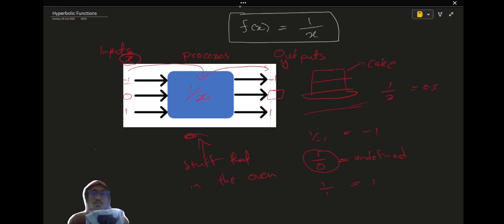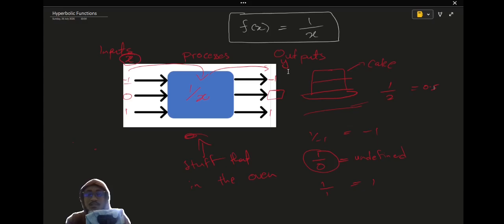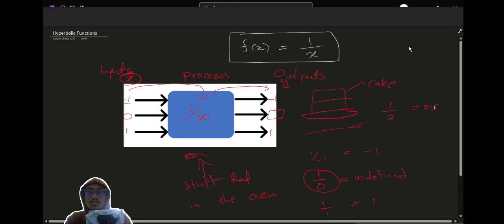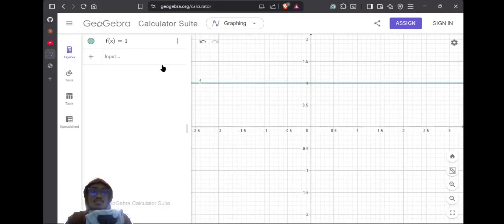All right, so to show you a diagram of this and what a 1 over x function, or a basic hyperbolic function, is supposed to look like, we'll go and use this software called GeoGebra. Let me show you right now. So GeoGebra helps you to visualize the stuff that you are building.